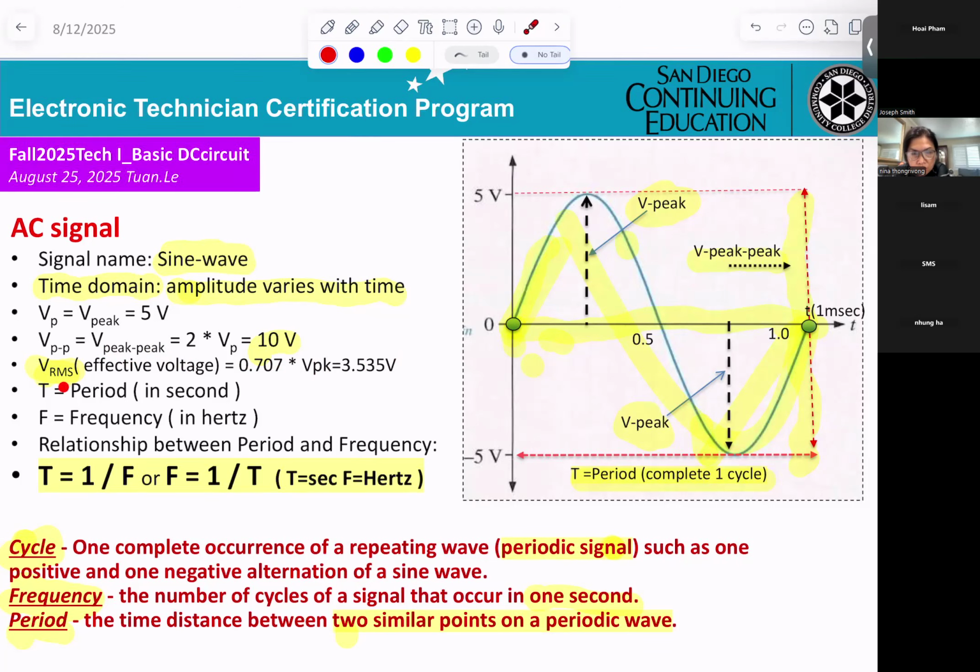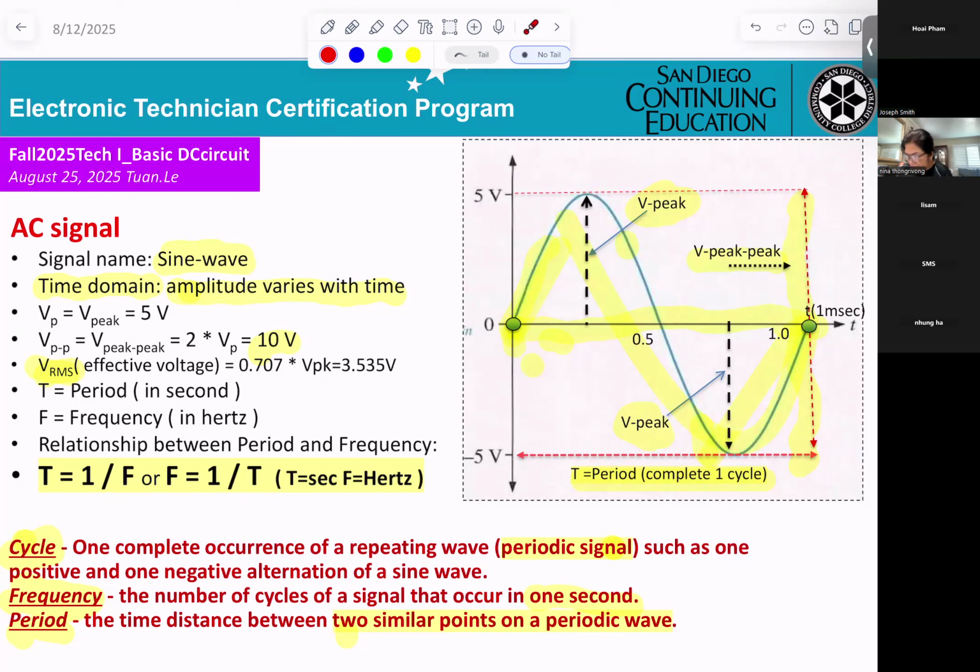And the T, that's the period. F will be the frequency. The relation is T equals 1 over F, or F equals 1 over T. If you have the frequency, you can calculate the period. If you have the period, you can calculate the frequency.